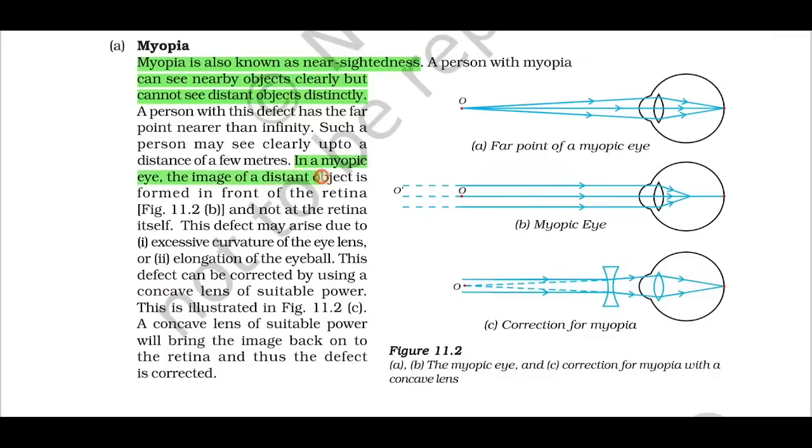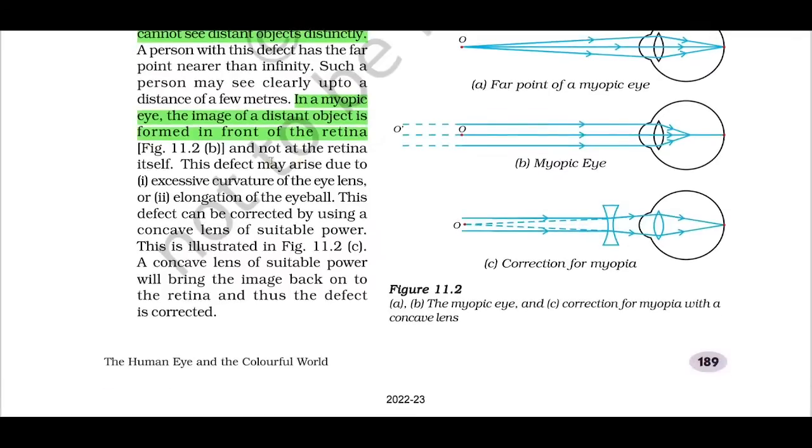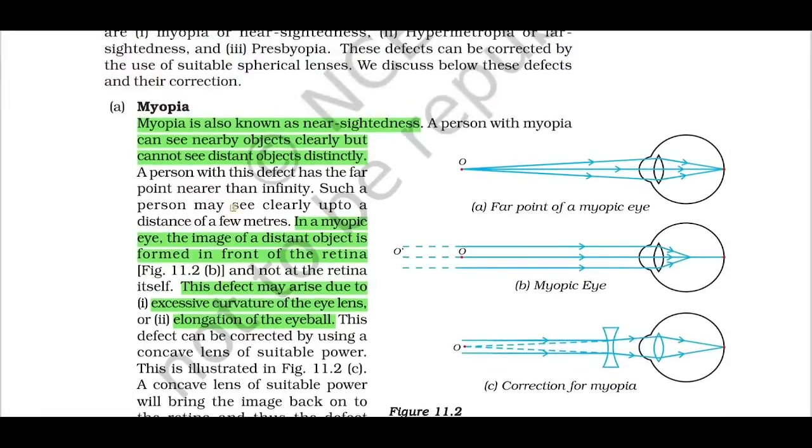In a myopic eye, the image of a distant object is formed in front of the retina, so it's not at the retina. What are the reasons for this defect? Myopia is caused by excessive curvature of the eye lens and elongation of the eyeball. These are the 2 causes of myopia.